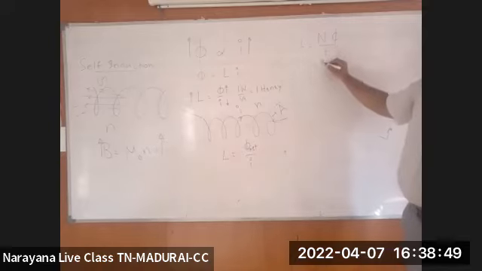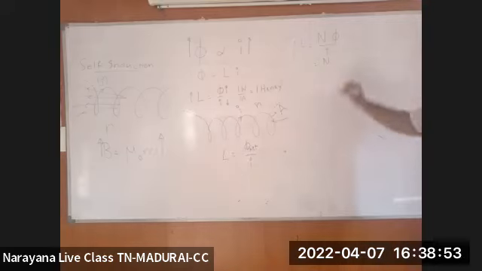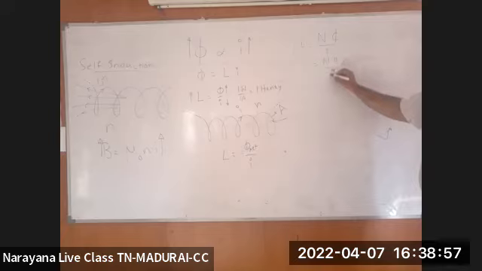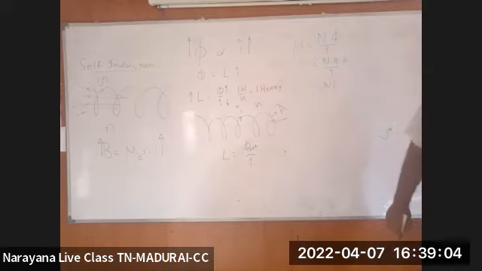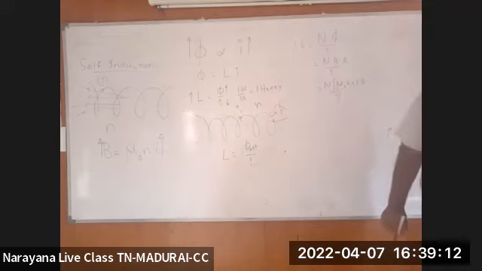So I can write, tell me, what is the flux passing through a single turn? How much? B into the area of each turn, divided by I. What is the magnetic field at any point inside the long solenoid? Mu naught into small n into I, and into A, divided by I. I cancels out.